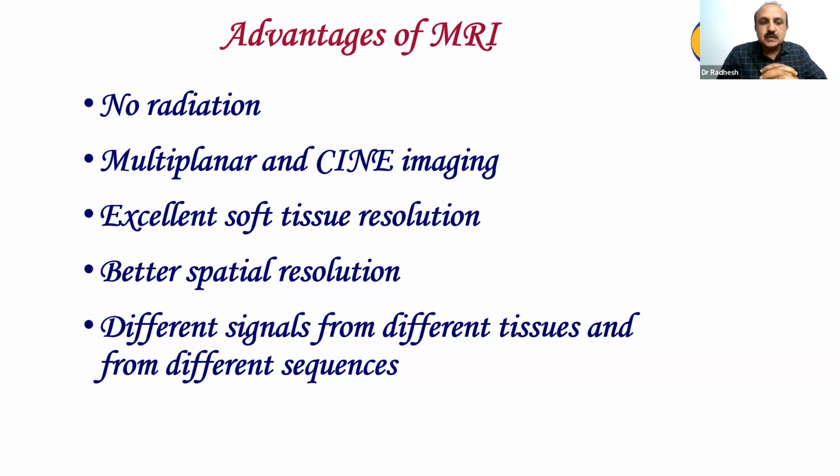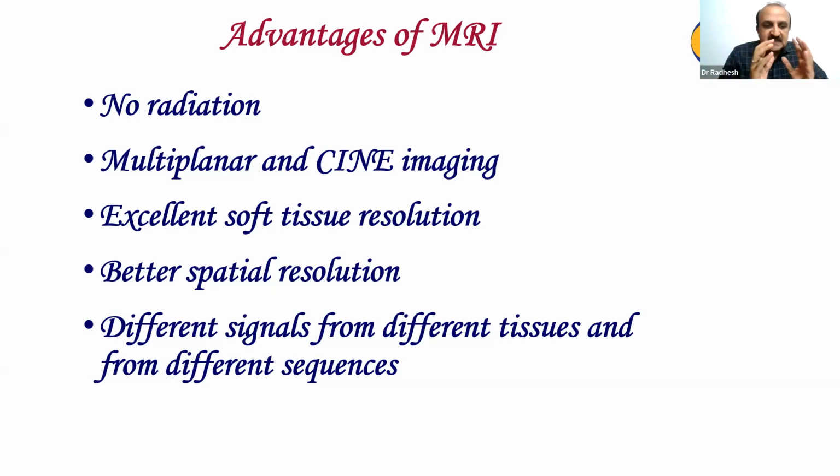Excellent soft tissue resolution. Now, why is the soft tissue resolution in MR so good, but in CT it is poor? The advantage of MR is it detects the number of hydrogen protons in the tissue you are imaging. That tissue may contain fat, muscle, cortical bone, marrow, or soft tissue like liver, spleen, pancreas, and so on.